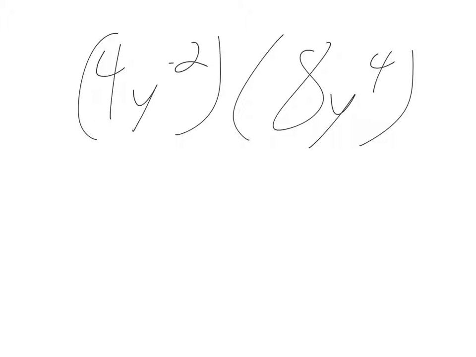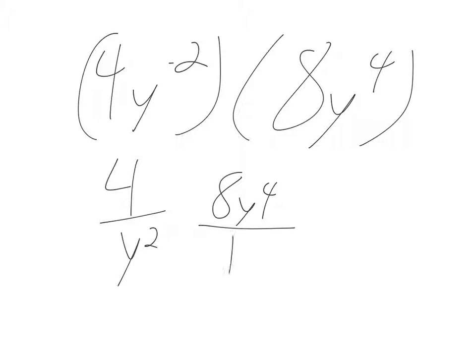And now what we're going to do is we're going to take the y to the negative 2 power, and we're going to put it underneath the 4. So we're going to have 4y squared normal. This is going to be times 8y to the fourth, and we can just go ahead and put that over 1 to keep the problem on track.